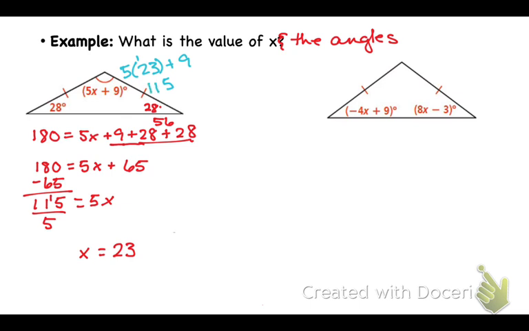Plus 9 is 124. Now, Kyan said, well, couldn't we have just taken 180 minus 56? Could we have? Yep. And gotten what? 124. But do we also need to remember how to do evaluating an algebraic equation?